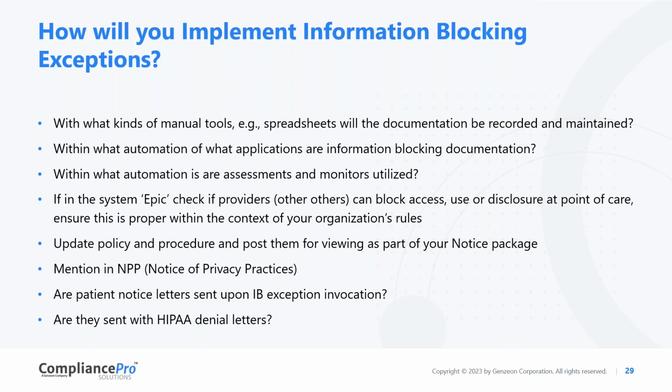Again, I think I've said most of this, but update your policies and procedures. Make sure you're talking about information blocking and exceptions in your notice of privacy practices, even though that's not required by HIPAA. Decide whether you're going to tell a patient you've invoked an information blocking exception, things like that.